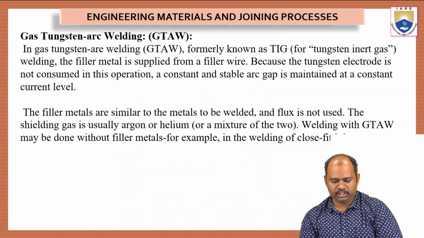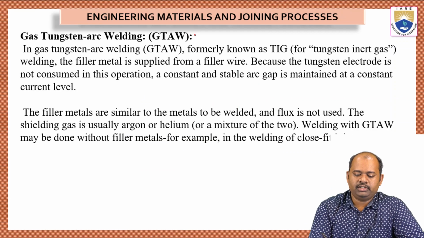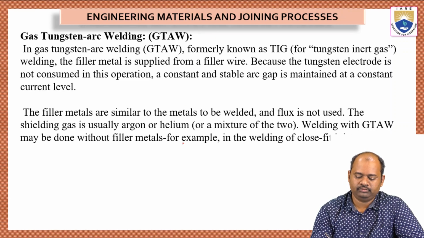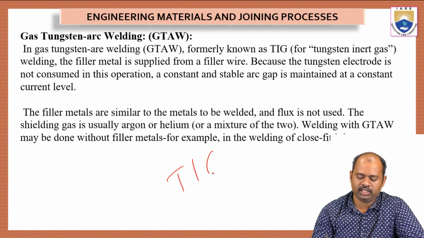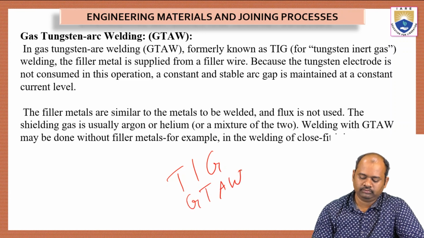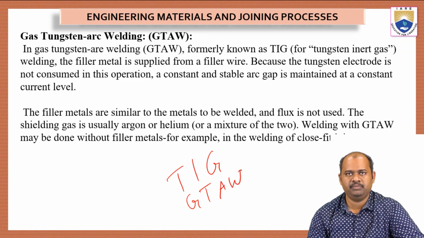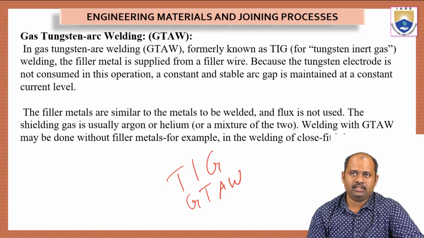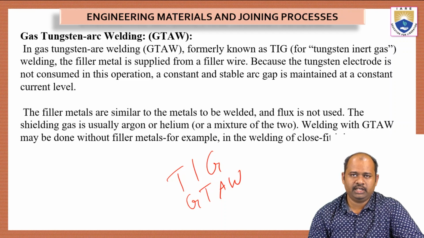So now let us see another process, that is gas tungsten arc welding. This is also very similar to the previous method, where the previous method is TIG and this one is GTAW. The basic difference between these two is that it was previously called TIG welding, tungsten inert gas welding.